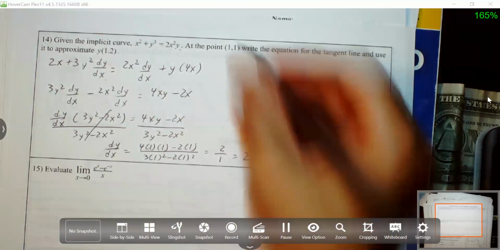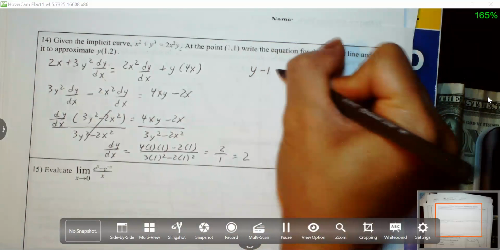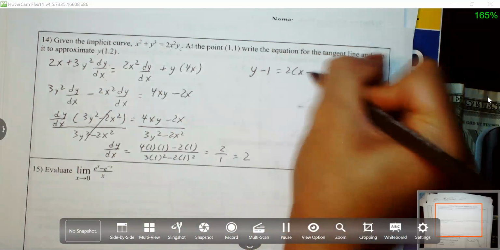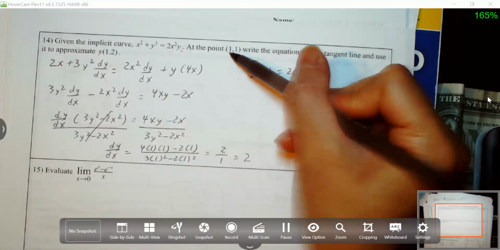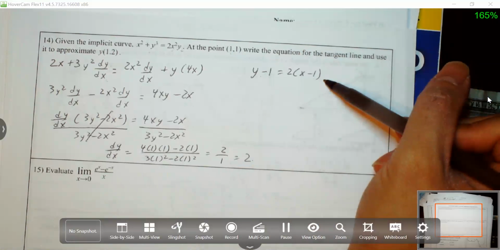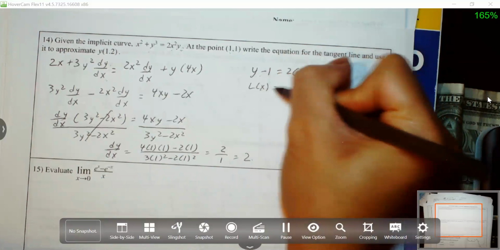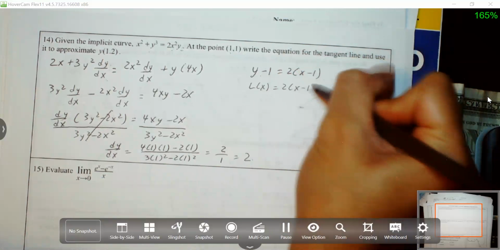And so this is just going to be y minus 1 is equal to 2(x minus 1). So I'm using this point and I'm using this slope to write my linear approximation. And so I know that L(x) is equal to 2 times (x minus 1) plus 1.